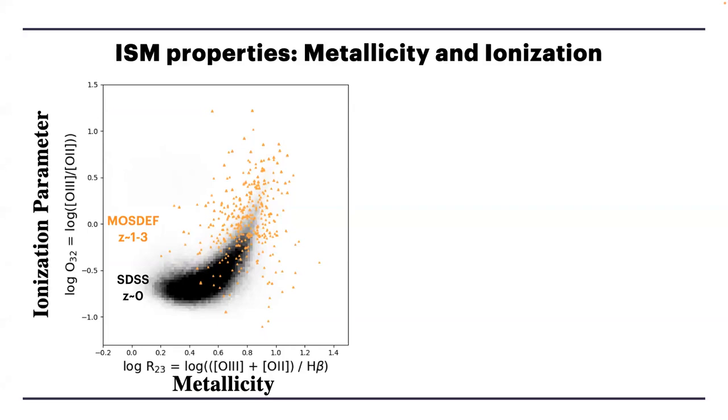ionization parameter and metallicity. Here the histogram is the SDSS data, and the orange dots are the MOSDEF sample at redshift 1 to 3. We see that from SDSS to slightly higher redshift galaxies, they're moving in this space, having lower metallicity and higher ionization parameter.